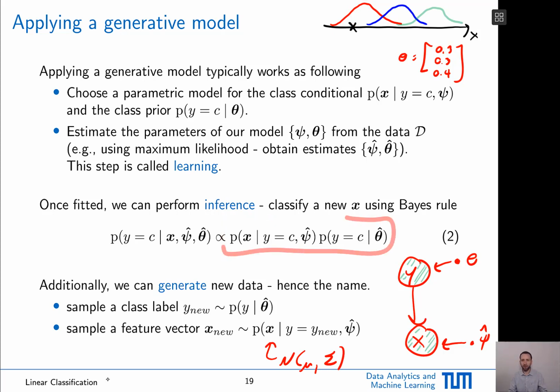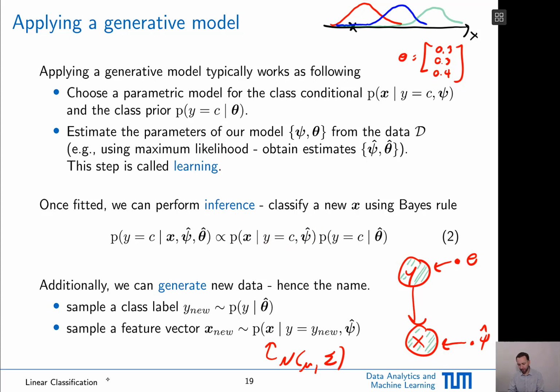This is this term. And then I continue with class 2. Class 2 has also here 0.3, but with respect to class 2, this is a very low value, right? So if we continue here, these lines, you see the density of this X with respect to the blue class is very small. So it's very unlikely that this X comes from this blue curve. Okay, so here we would have a very low term.